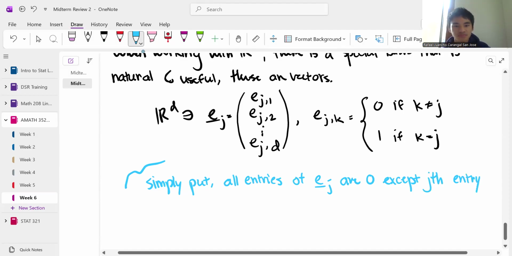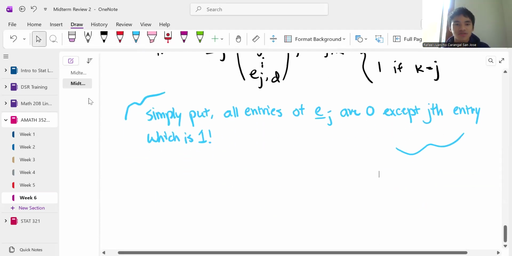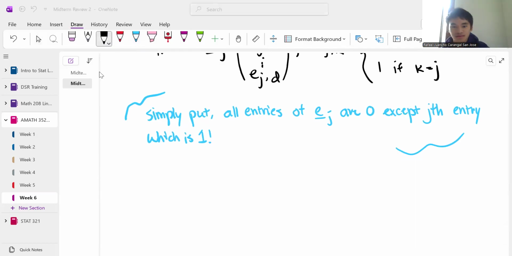And that jth entry is going to be a 1. That's what that is, right? And we have a name for it. These are called the standard basis of R^d.